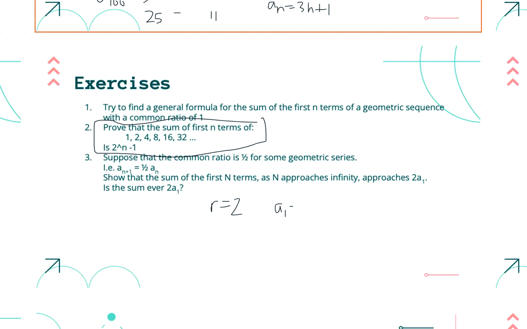So all we have to do is just plug this into our formula. So we know that we have r to the power of n minus 1 divided by r minus 1, times a1. So then what does that give us? That just gives us 2 to the power of n minus 1 divided by 1, because that's just 2 minus 1, and then times 1, which is a1. So then that's just going to give us 2 to the power of n minus 1.